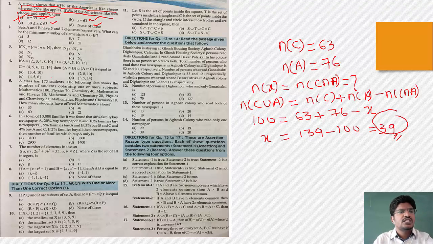Why? In option C they have given x is greater than or equal to 39 and lesser than or equal to 63. So before answering option A, you have to check with option C. Whenever you come across this type of question, please remember: before giving your answer, you have to check all the remaining options.